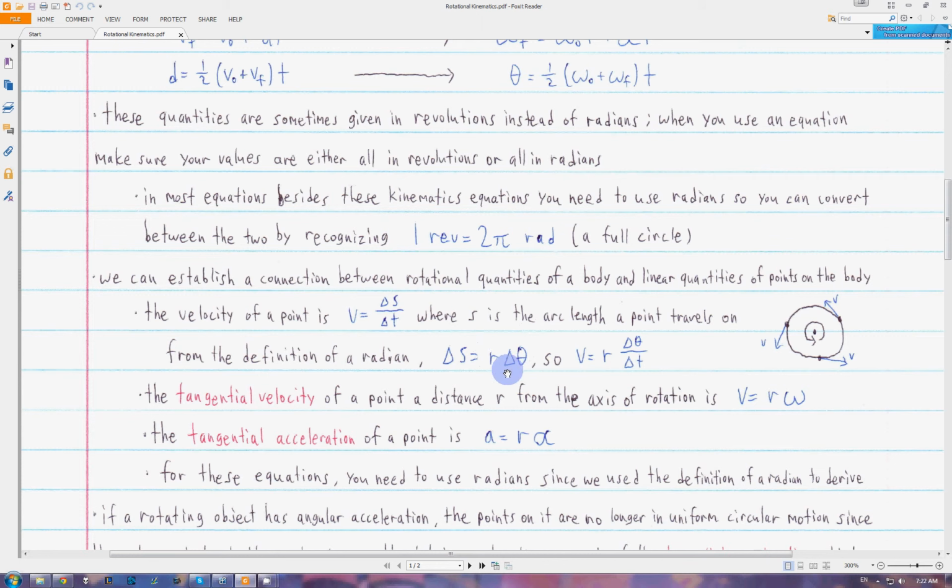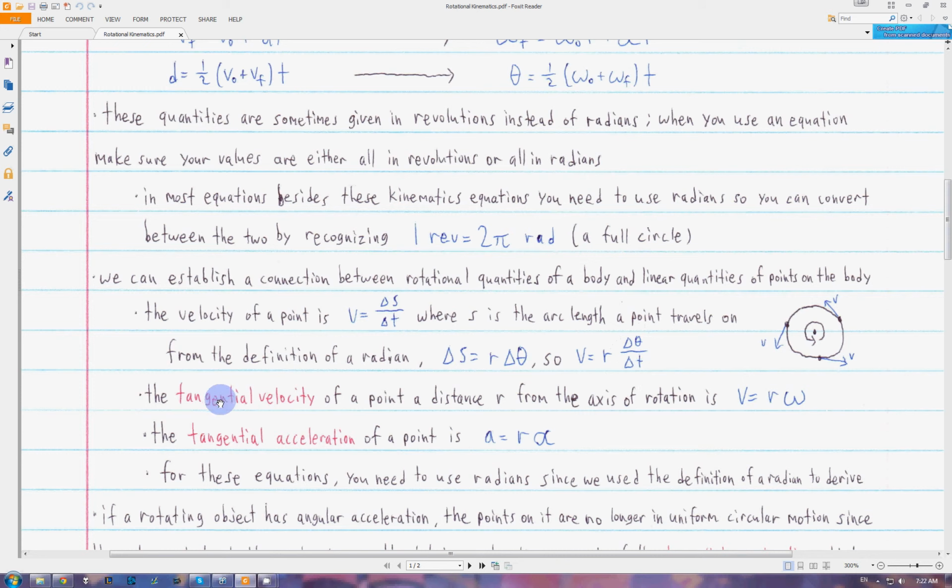So if we plug this in for the change in arc length in this formula, we find that another way to express the linear velocity is radius times change in theta divided by change in time. But we know that this change in angular displacement over change in time is just the angular velocity.